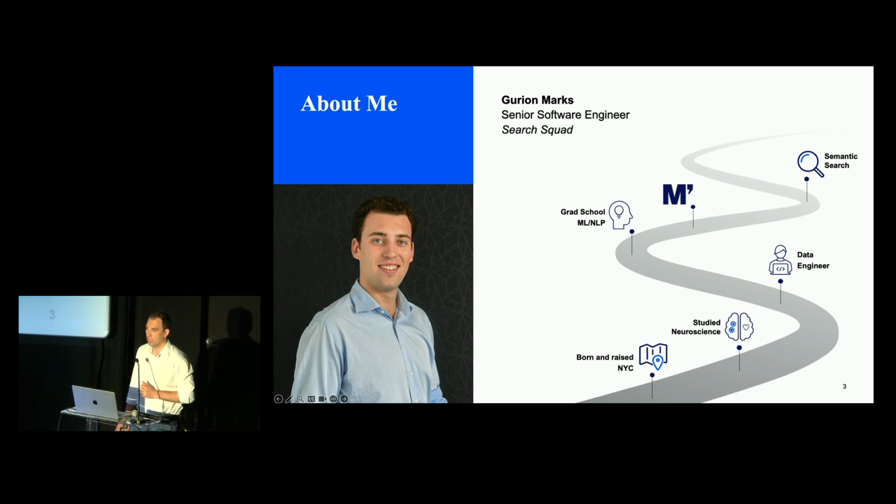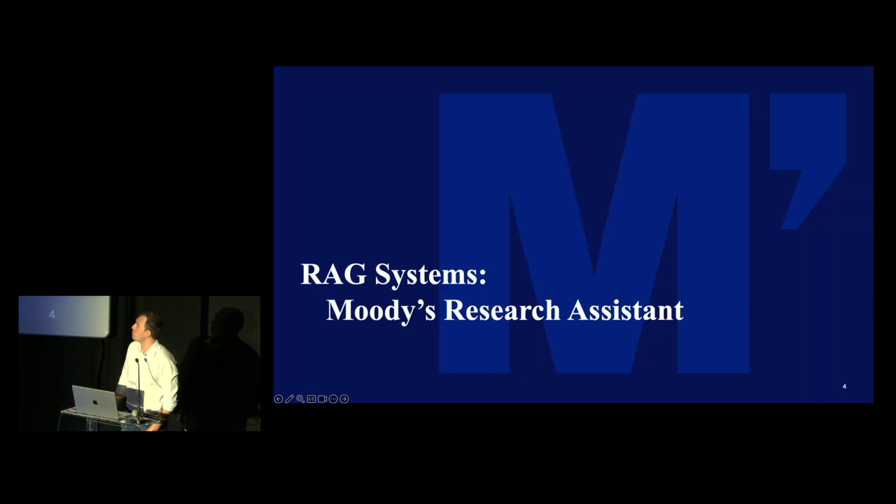And our semantic search project has been really big in supporting Moody's new flagship product, Research Assistant, which is a Retrieval Augmented Generation application. And then recently, we've been really focusing on how do we evaluate these systems, because we have these really complicated systems, and it's non-trivial how we can evaluate a complex domain.